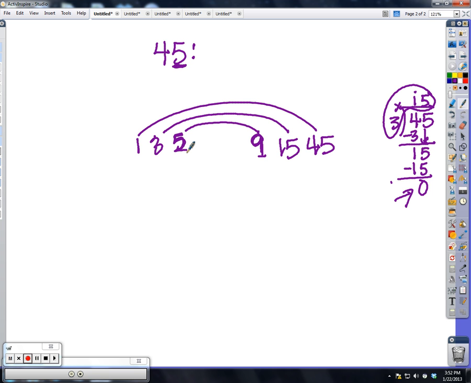That's where I repeated. So now I have found all of the factors of 45: 1, 3, 5, 9, 15, and 45.